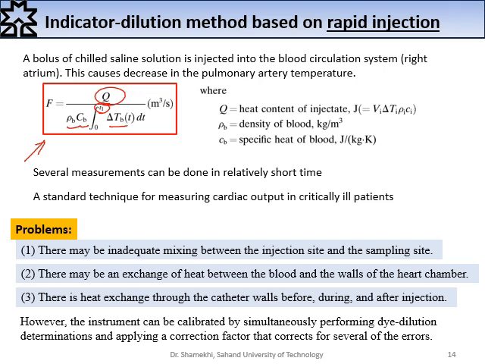Also, there may be an exchange of heat between the blood and the walls of the heart chamber, and there is heat exchange through the catheter wall before, during, and after injection. However, the instrument can be calibrated by simultaneously performing dye dilution determination and applying a correction factor that corrects for several of these errors.